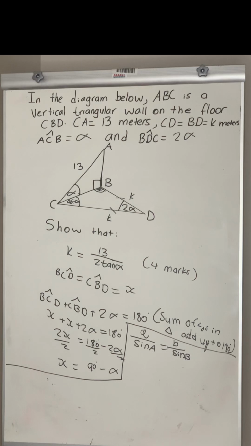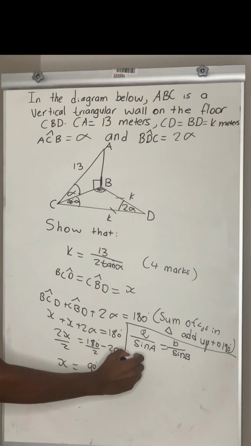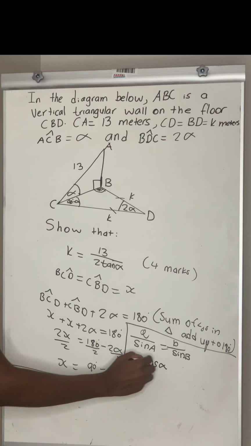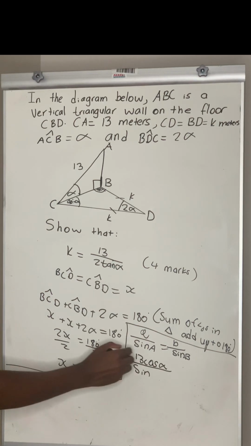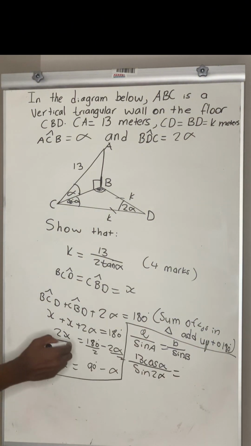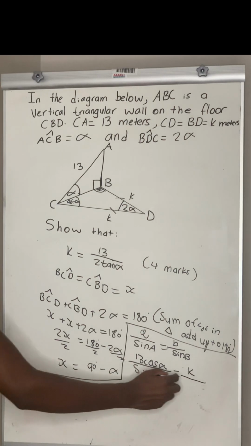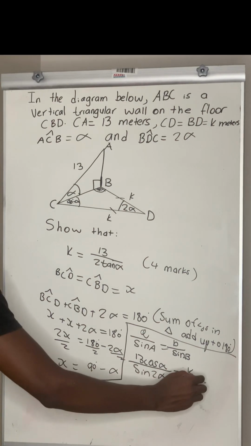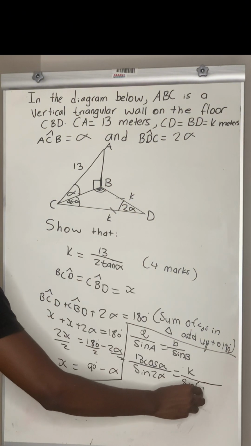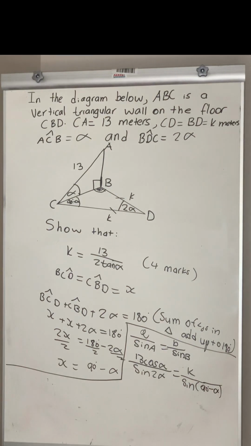So our a in this case is 13 cos alpha divided by sine of 2 alpha, is equal to our b, which is k, divided by sine of 90 degrees minus alpha.